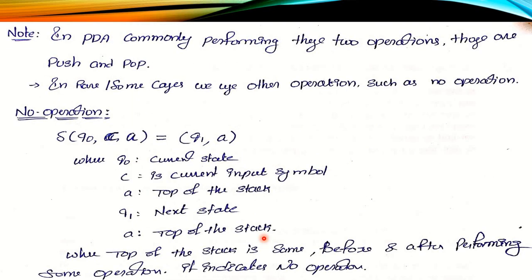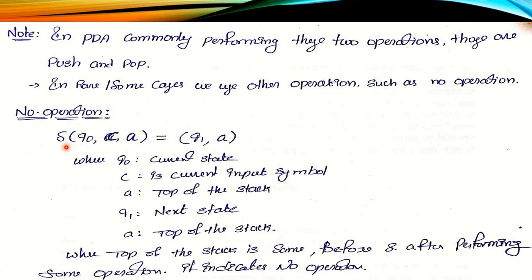Now in pushdown automata, we almost always perform these two operations, push and pop. But in rare situations, we can also use one more operation, that is no operation. That means we are not performing any push or pop operation, just changing the state from the current state to the next state.